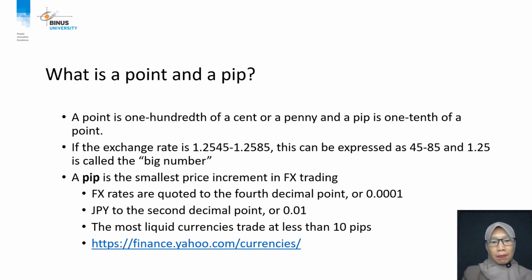A pip is the smallest price increment in foreign exchange trading. Basically it's the fourth decimal point, 0.0001. Only for the Japanese yen is it the second decimal point, 0.01. And the most liquid currencies trade at less than 10 pips.